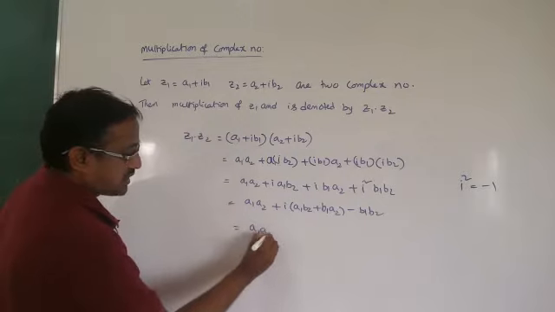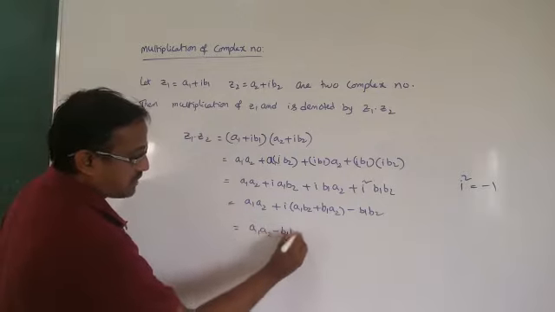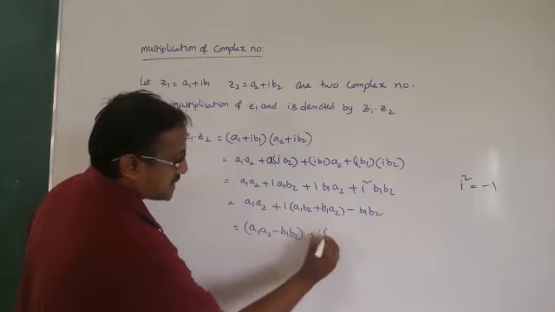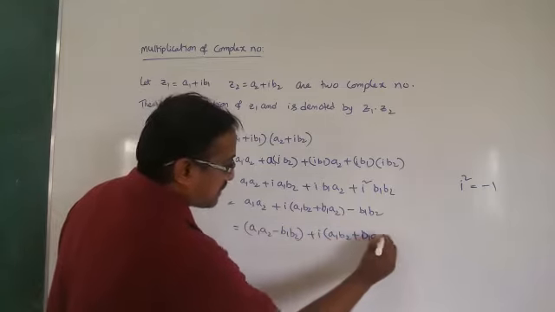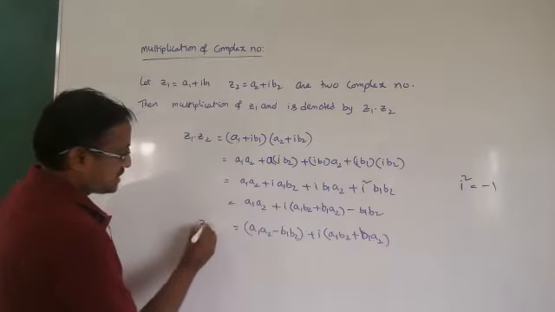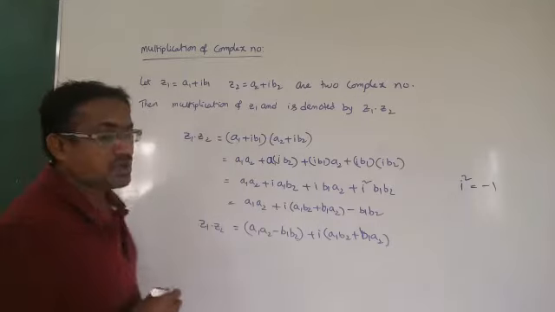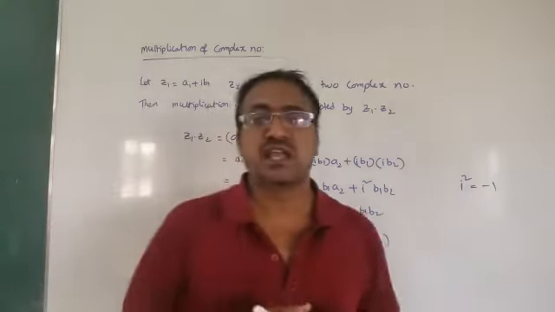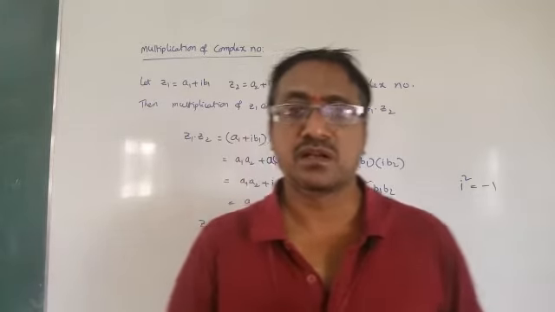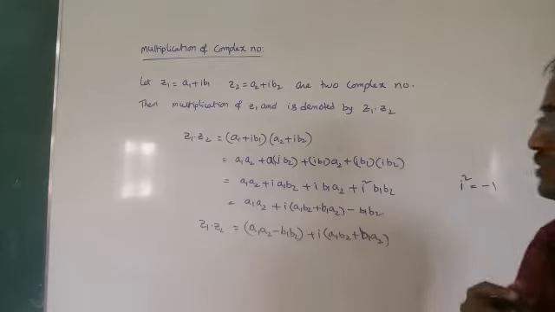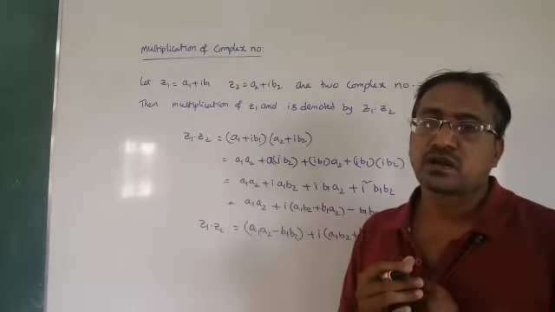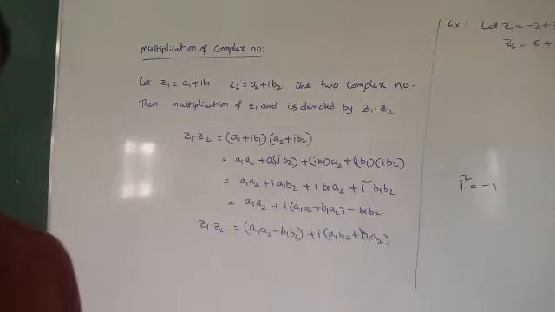So a1 a2 minus b1 b2 plus i into a1 b2 plus b1 a2. So this is the product of two complex numbers a1 plus ib1 and a2 plus ib2. This is how you need to find the product of complex numbers.